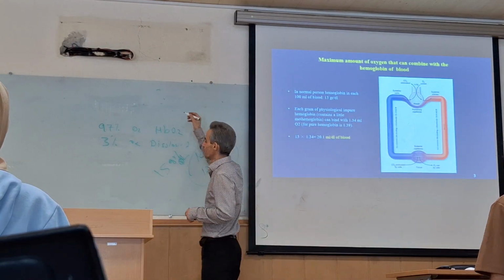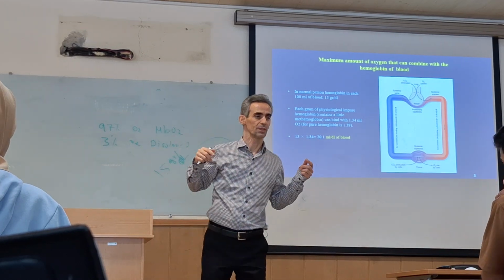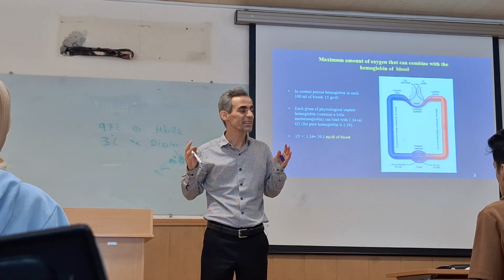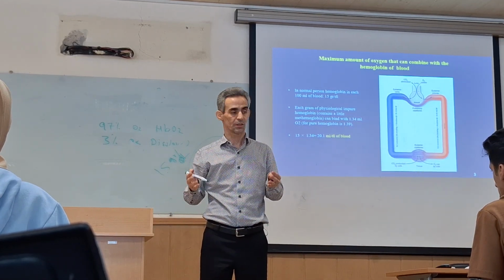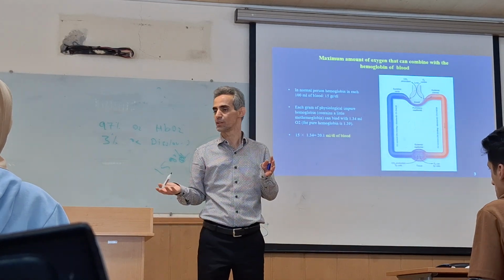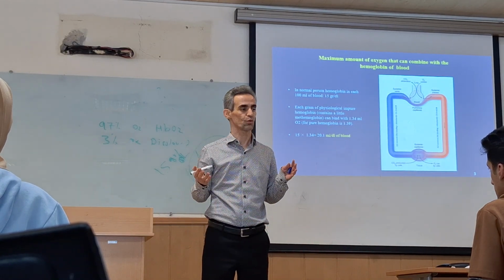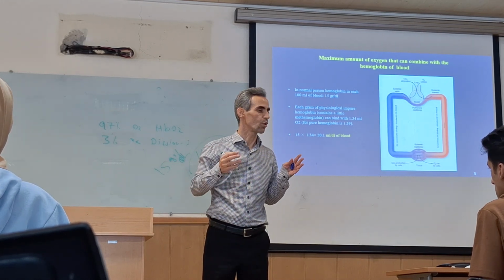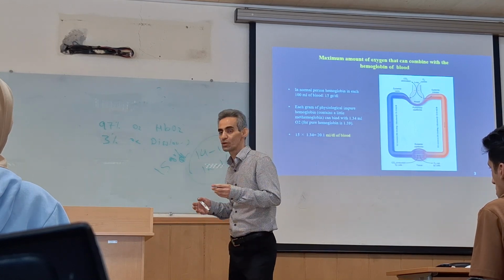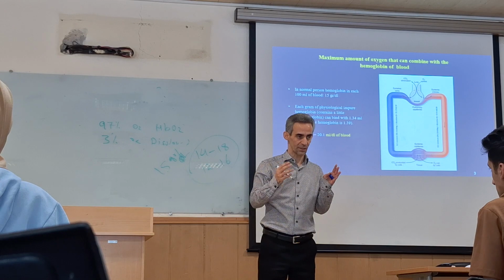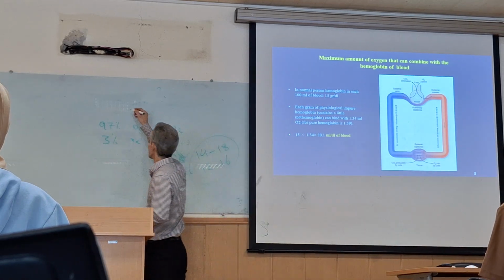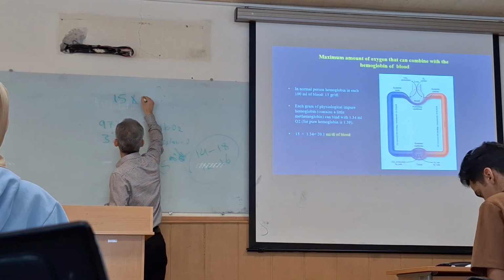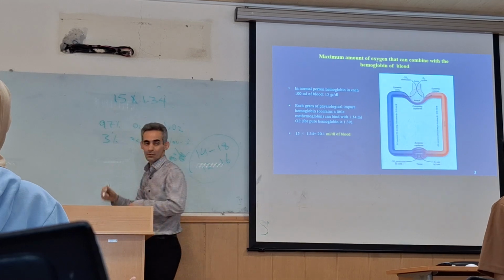So, if all of the hemoglobin is saturated, what's the meaning of saturated? It is binding by the oxygen. Binding of oxygen is the saturation of the hemoglobin. When the total hemoglobin is saturated, bound by the oxygen, we can calculate the total amount of oxygen inside of the hemoglobin. We have 15 grams of hemoglobin for each deciliter, and each gram can bind 1.34.